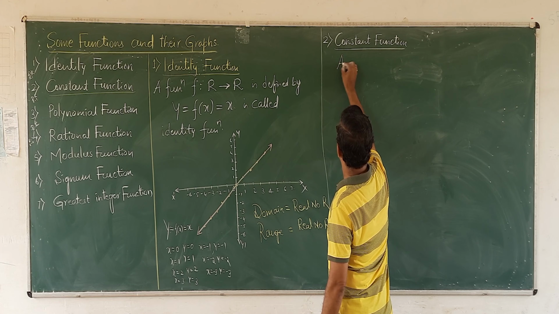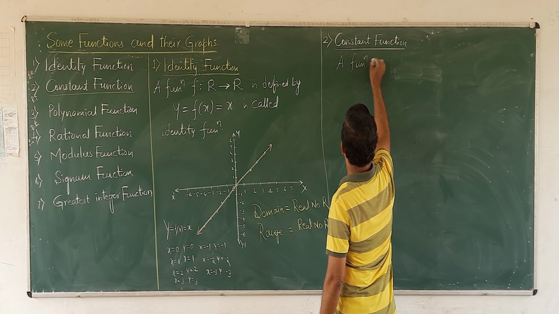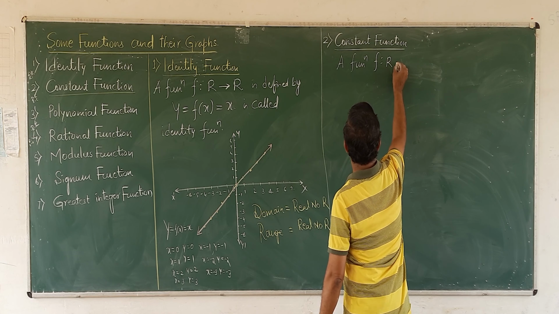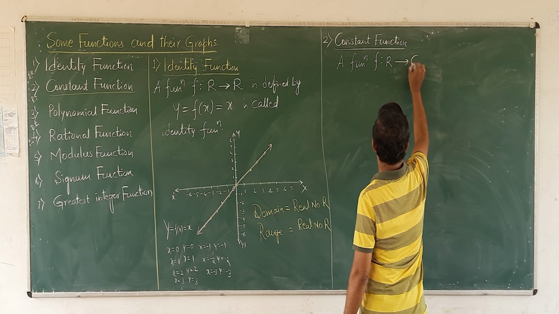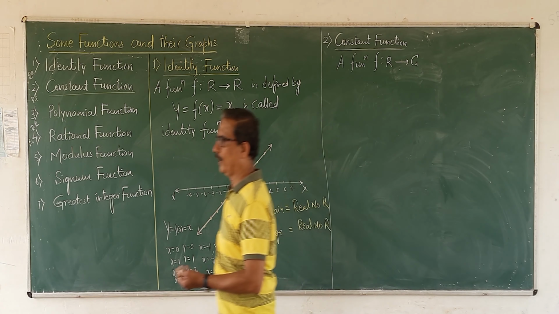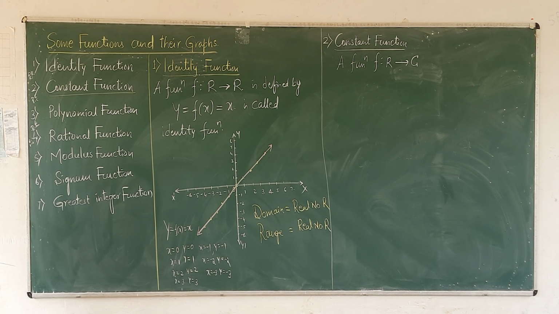A function f from R to C, the set of real numbers, is called a constant function.